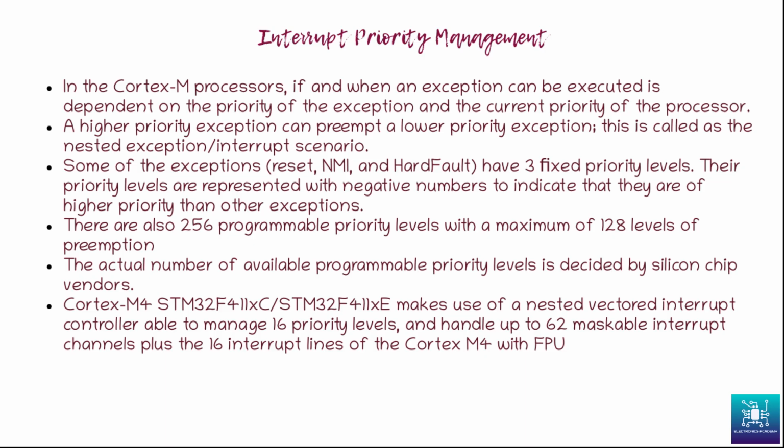These two are separate entities. And there are 256 programmable priority levels with a maximum of 128 levels of preemption. Now, we will see very soon in the next slide that there are not really 256 programmable priority levels.